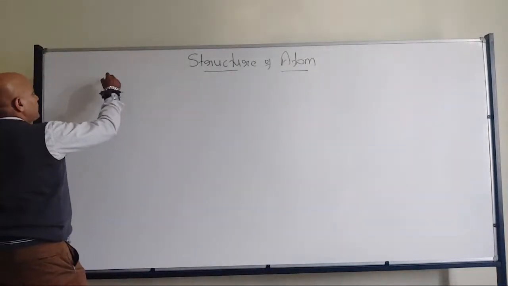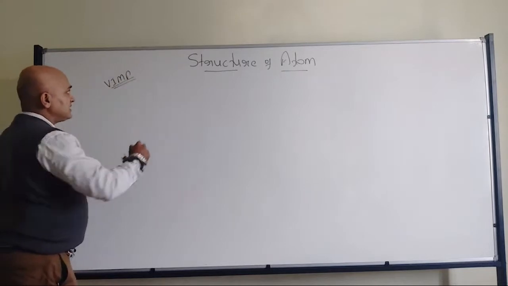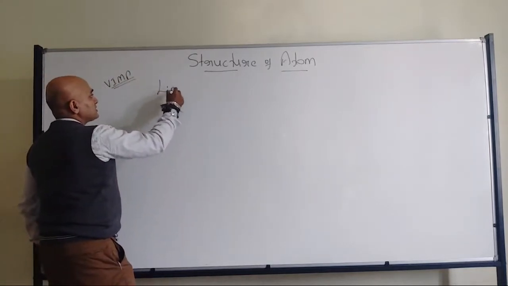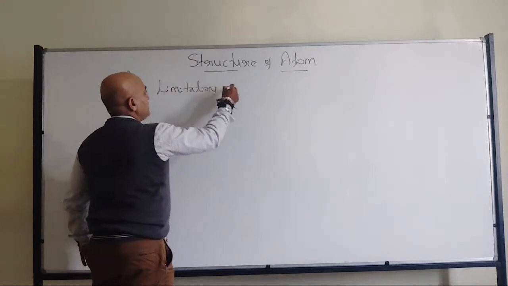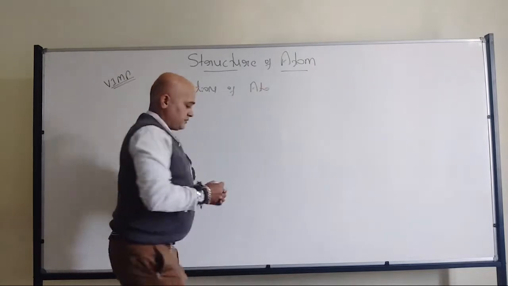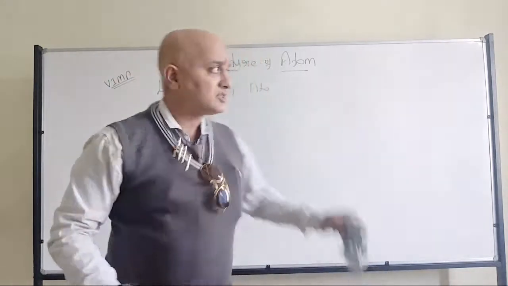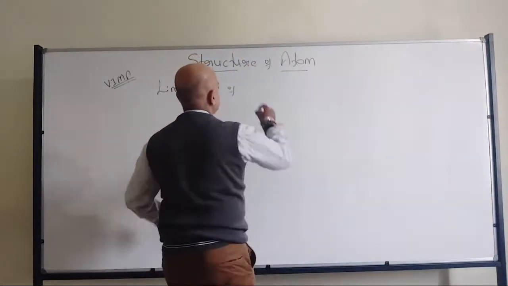This is also very important. They can ask it for 1 or 2 marks. That is limitations of Rutherford's atomic model. Okay, I will write limitations of Rutherford's atomic model.